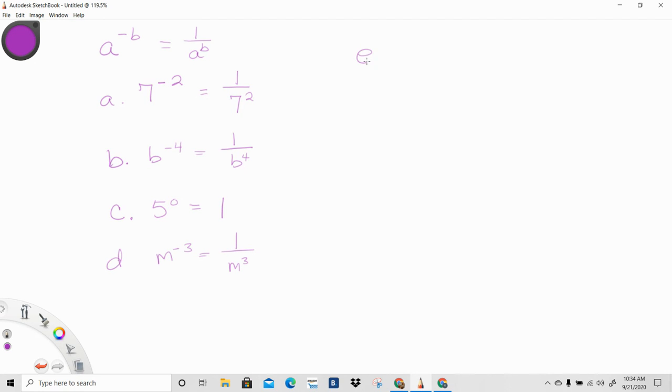So the first one we get is letter E, and they give us 1 over 8 to the 3rd. Now, to write that with a negative exponent, we would just write this. Since they've already given us the example with a positive exponent underneath a 1 as part of a fraction, we can write it with a negative exponent.